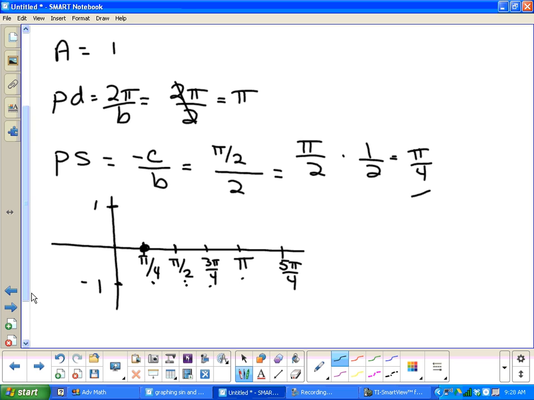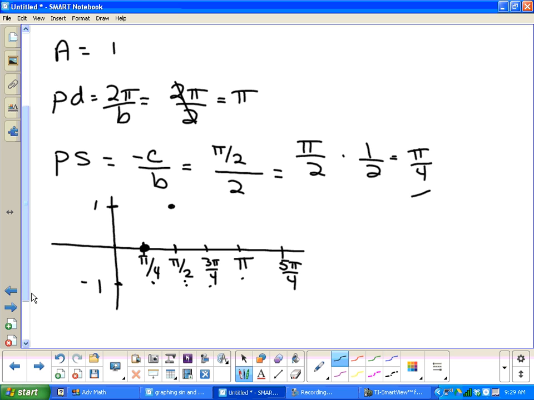But now instead of starting at the origin, we're going to start at pi over 4 and do our sine curve. So is it going to start on the x-axis right there? Yeah, because sine normally starts at 0 and goes up. So it's still going to start at 0. It's just going to be scooted over to pi over 4. So where's it going to be at pi over 2? At 1.